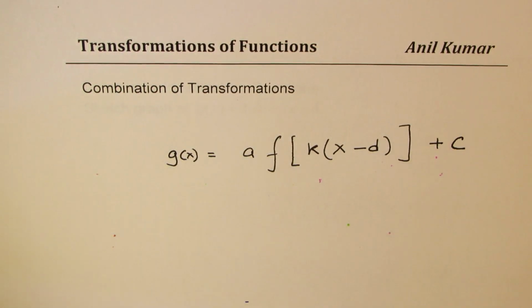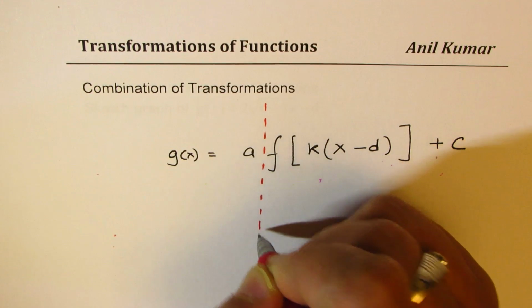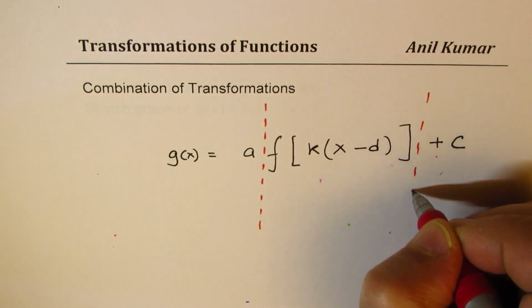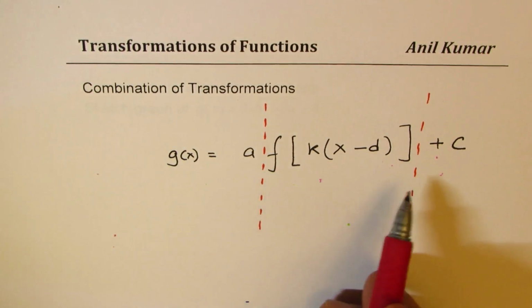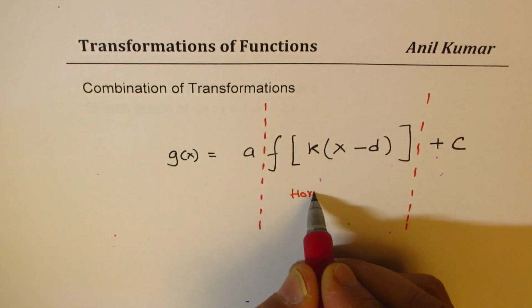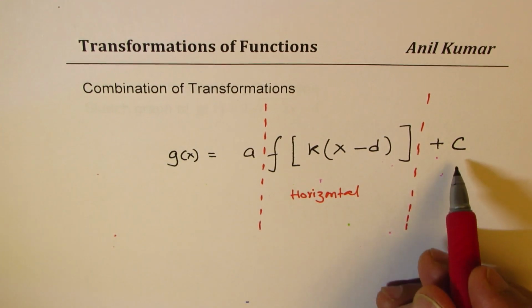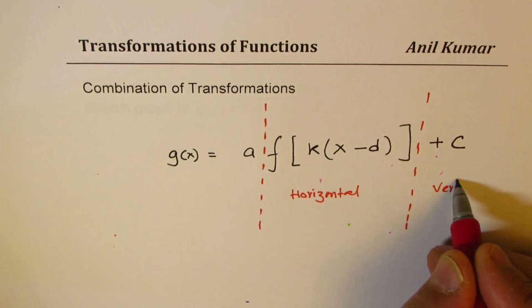This is the ultimate equation which combines all the transformations we have learned so far. To summarize, this is the inside part, which is for horizontal, and the outside part is for vertical.